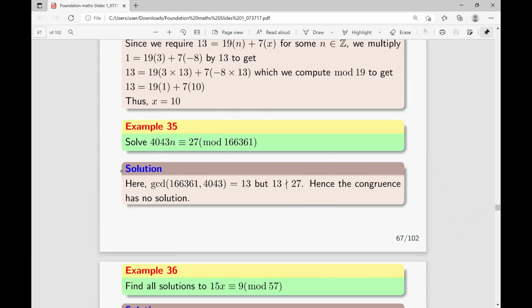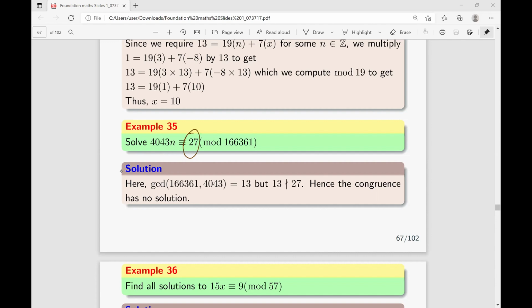Now let's look at this question 35. We said first of all, once you're given this question, you try and see whether it has a solution or not. You only proceed if it has a solution. Is that okay? Yes. So how do we test? We find the GCD and see whether the GCD divides the number just before the mod.